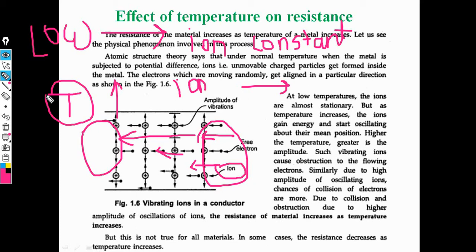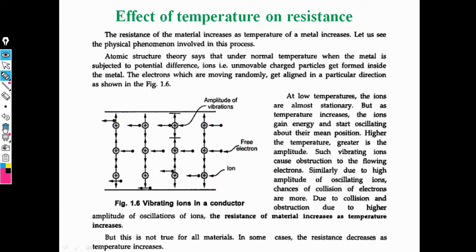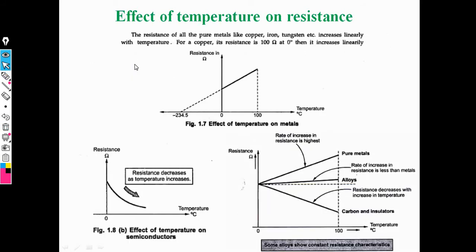Now, this is the first point: resistance is directly proportional to temperature. This is just the theoretical concept of the effect of temperature on resistance. Here, we have considered metal.